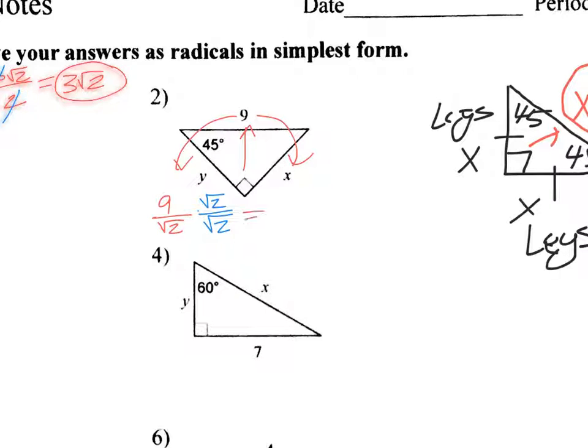So then that's going to give me 9 square root of 2 over square root of 4, but the square root of 4 is 2. And here I don't really divide because 2 won't go into 9 evenly. You'd get a decimal. So that is my answer. So that is x, and it is also what you get for y.